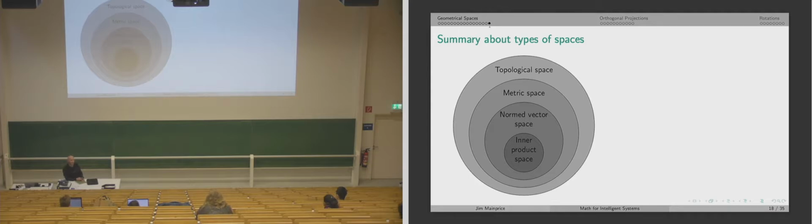Remember from the linear algebra lecture, what are the properties of a group? How many laws are associated with a group?